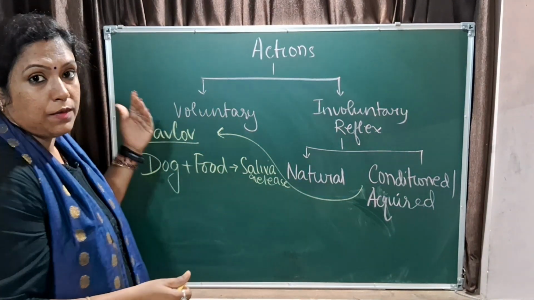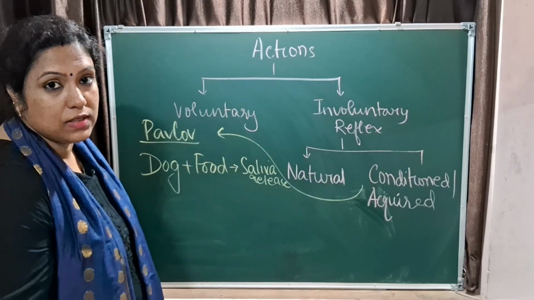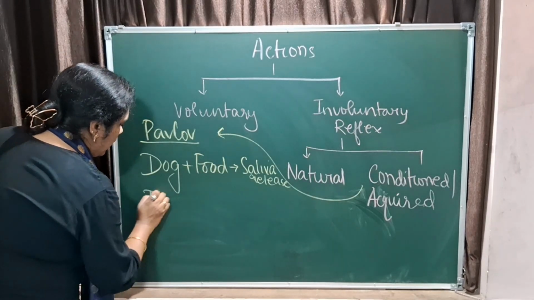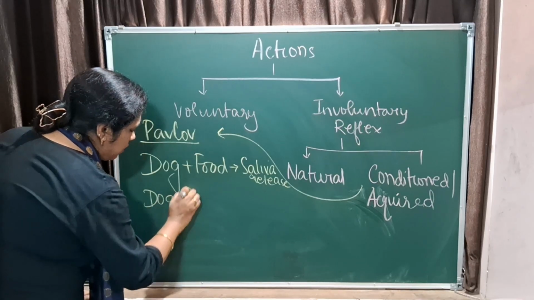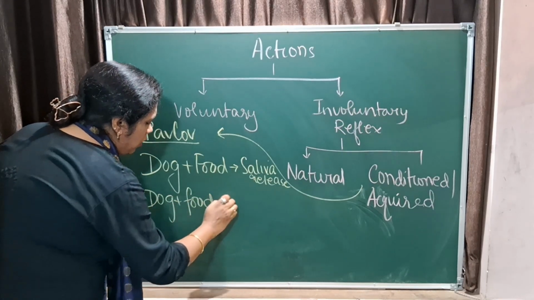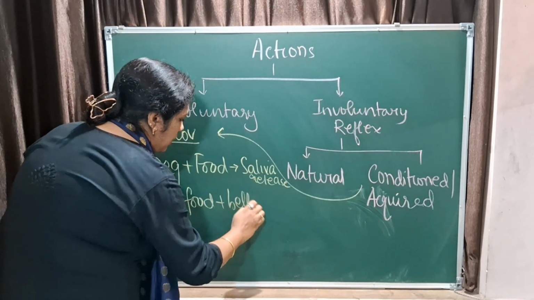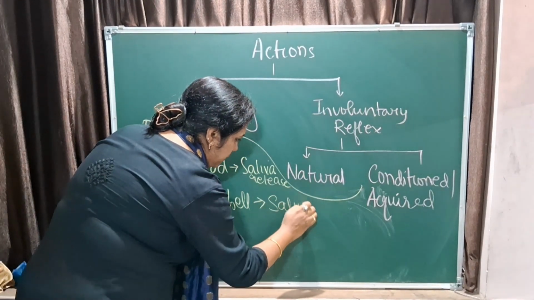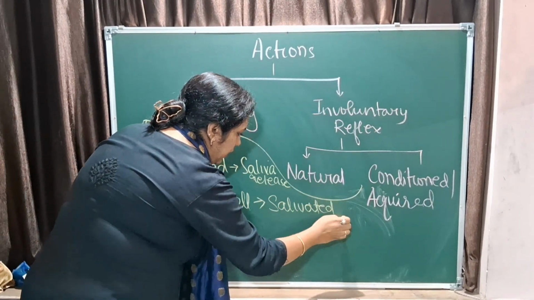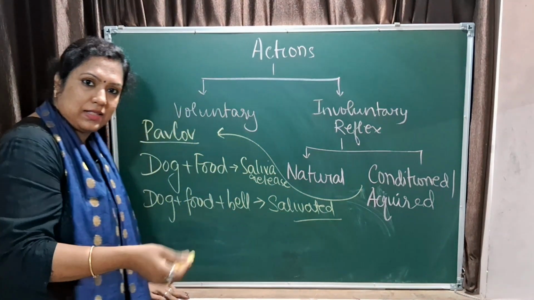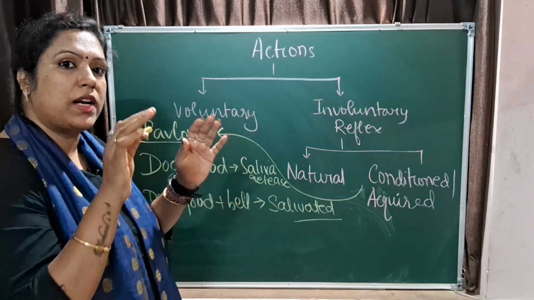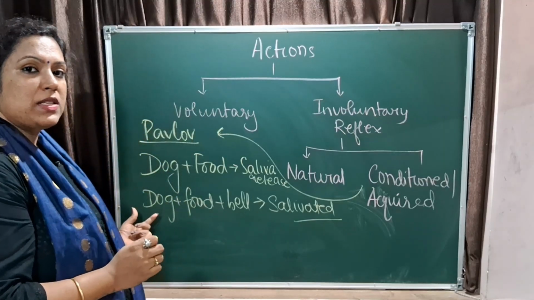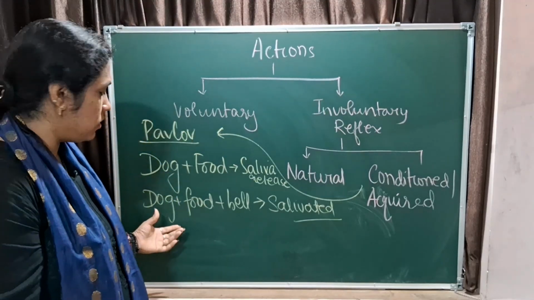Whenever the dog sees food, the saliva will be released. Then what happens? He started feeding the dog with the sound of a bell. But by seeing the food, the dog salivated. He did this for many days so that the dog's mind was conditioned that whenever there is a bell ring, the dog will be served some amount of food, right?